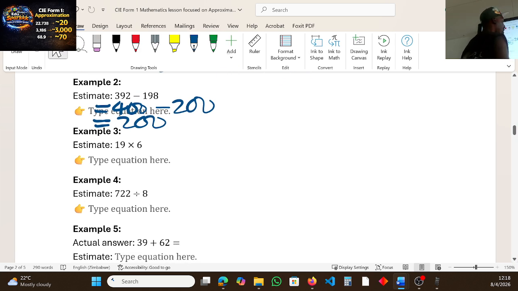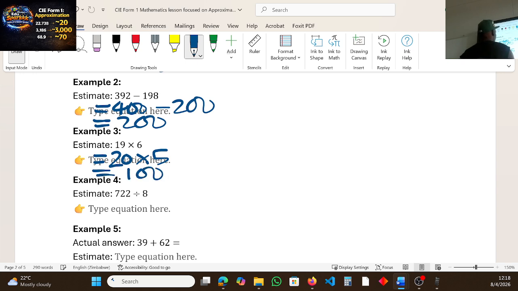Then the next problem, this is a product. We are required to estimate the product of 19 and 6. As we can clearly see, 19 is much closer to 20. And if we look at 6 there, because we want to guess, we might bring it down to 5. Because we know multiplying 20 times 5 will give us 100. So that's a meaningful guess. Then the next problem, we want to estimate 722 divided by 8.